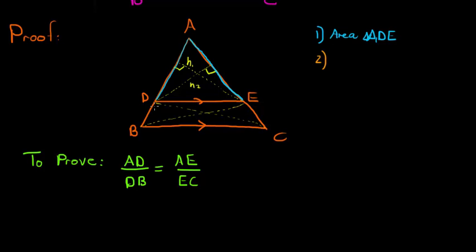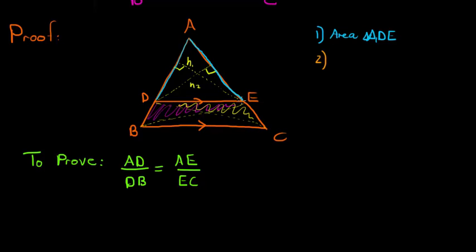So I'm creating this triangle, I'll color it in for now, and I'm creating this triangle here. Can you see those two triangles? This one here and one here.